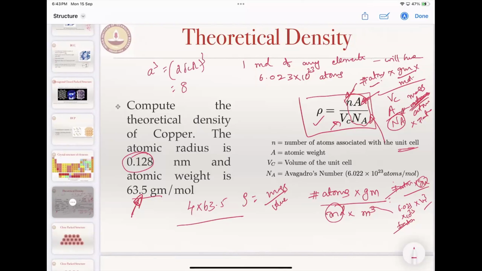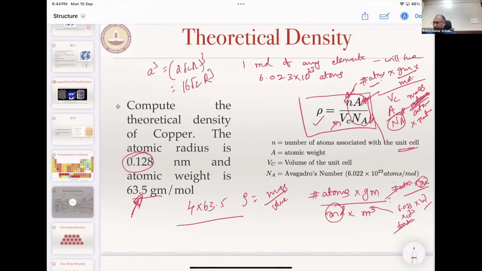Yes, sir. So that is 8 into 2, that is 16 root 2 R cube.